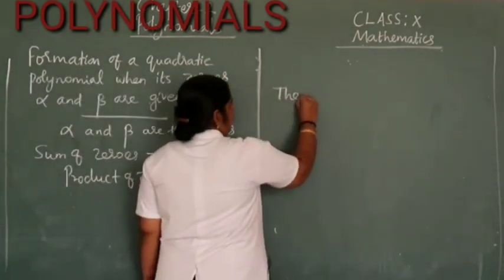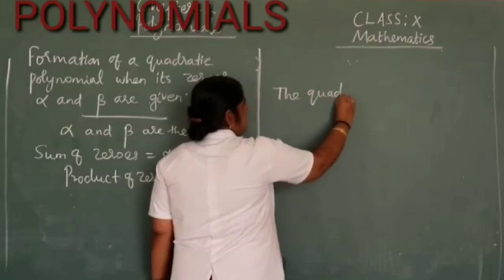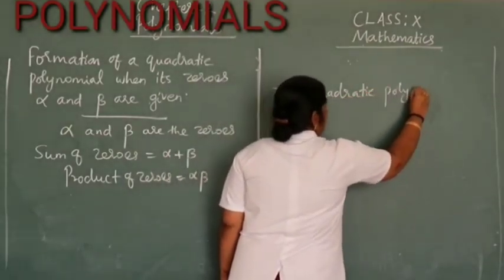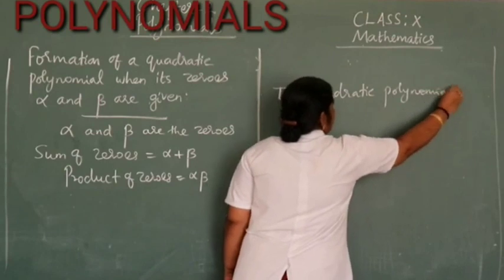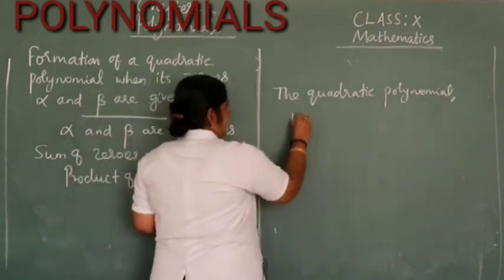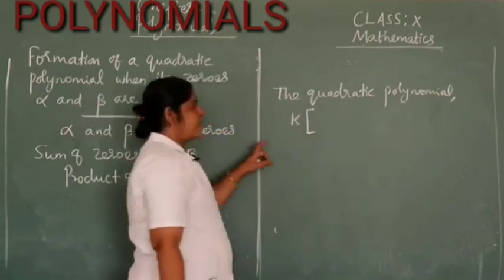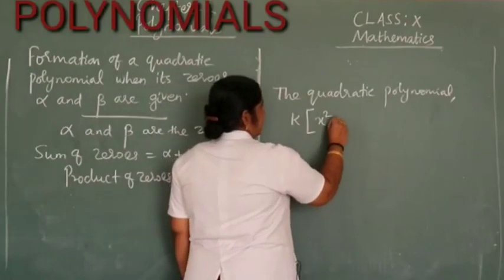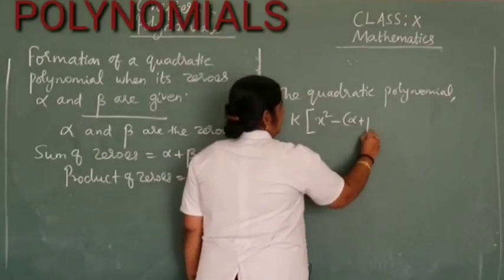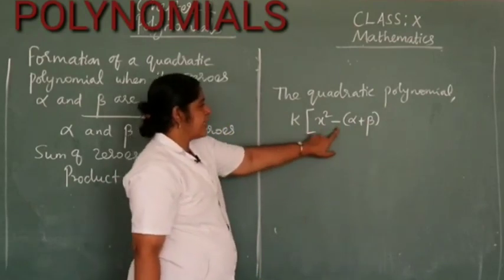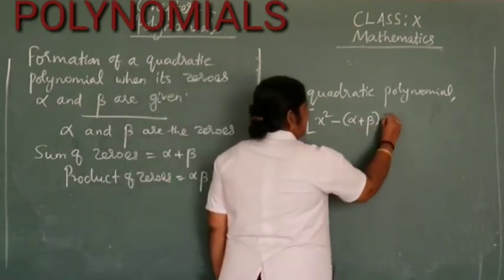The quadratic polynomial we can form using the sum of the zeros and the product of the zeros has this general form: k into x square minus alpha plus beta into x plus alpha beta.